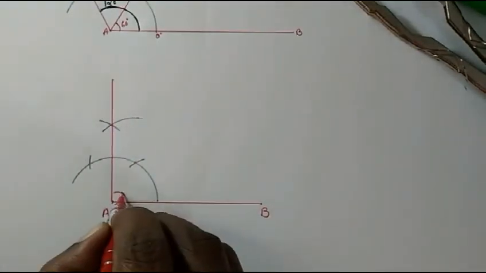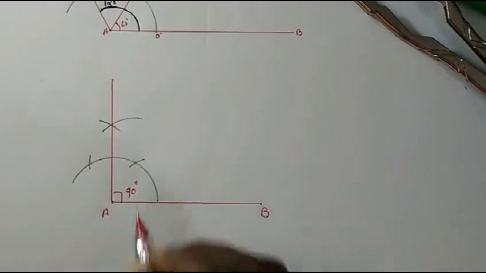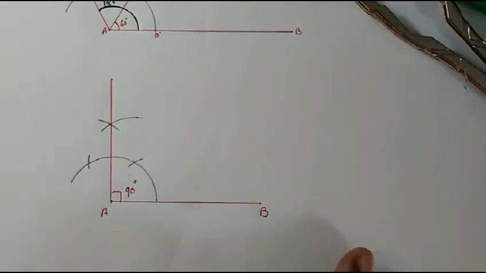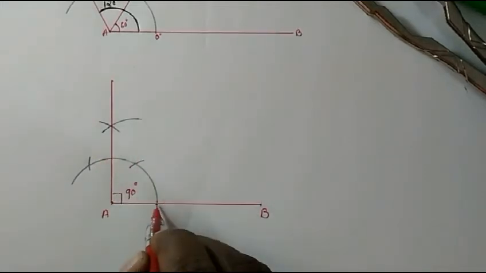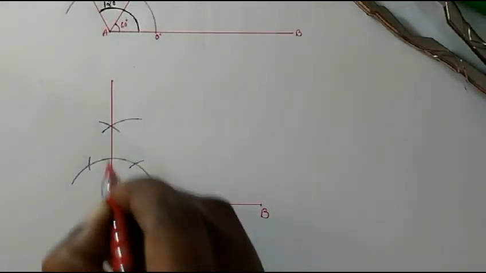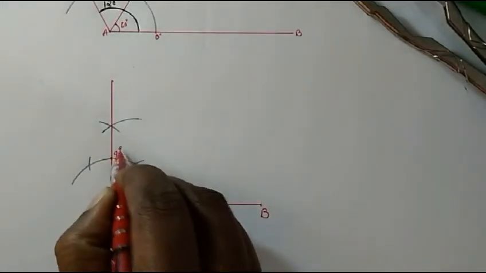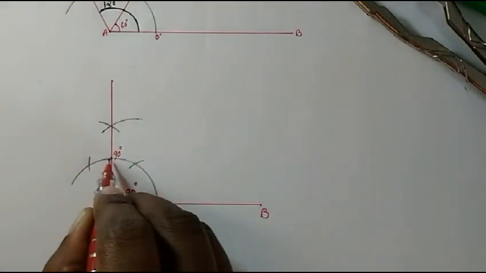This is your 90 degree. This is how you have to do 90 degree. So now you know this is 0 and this is your 90 degree where the semicircle is cutting.